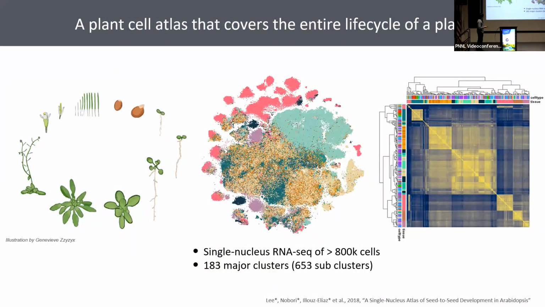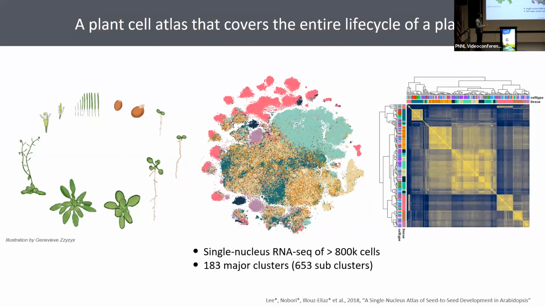Okay, so this is my last slide. Towards this goal, I wanted to introduce another resource we've developed in the ECHO lab at Salk. We created a single cell transcriptome atlas of the model plant Arabidopsis that covers the entire life cycle of this plant, which means we started from the seeds, the germinating seeds and seedlings, rosettes, different stages, stems, flowers, and siliques, and seeds inside the silique.